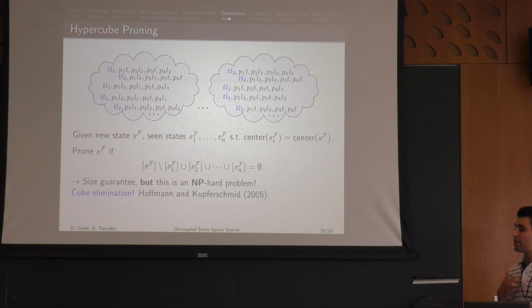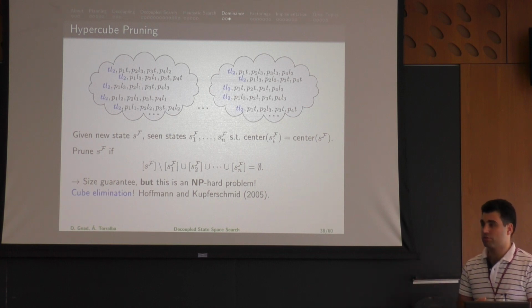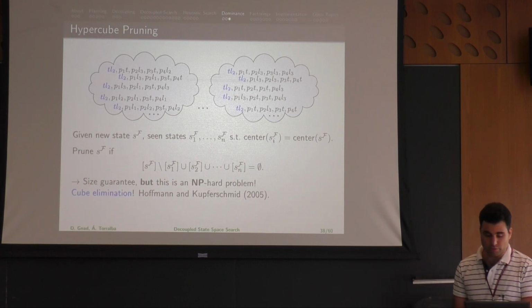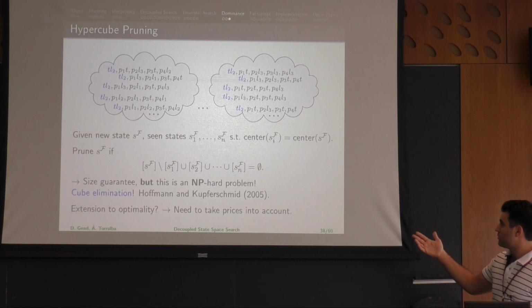There are some algorithms, like curve elimination by Hoffmann and Coppersmith in 2005, that allow you to do this, but being NP-hard, of course, you cannot do this in polynomial time. And what I'm talking about here is only for satisficing planning, because I'm talking about sets of states without their price.